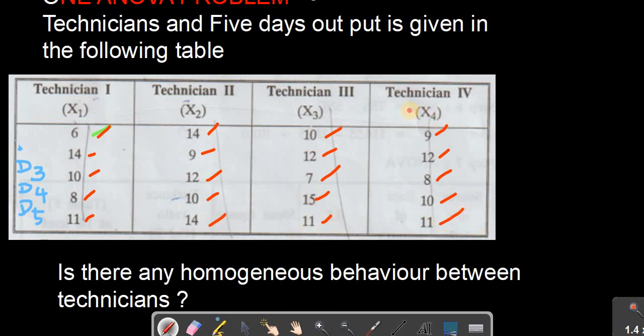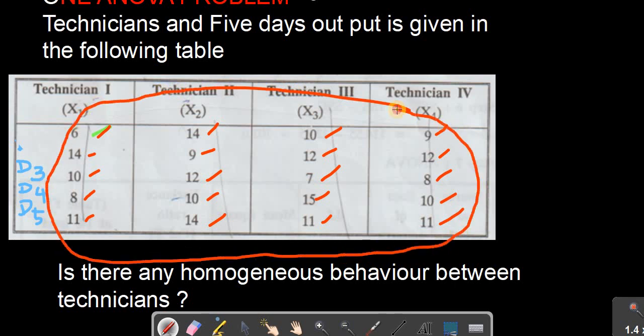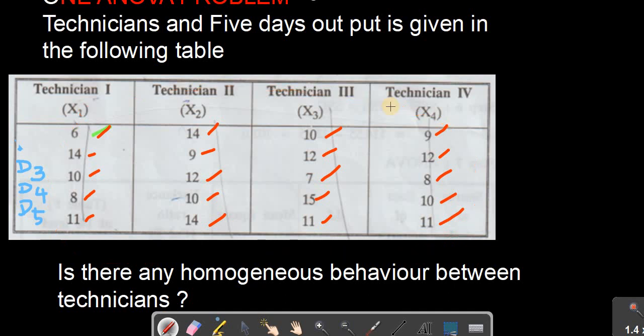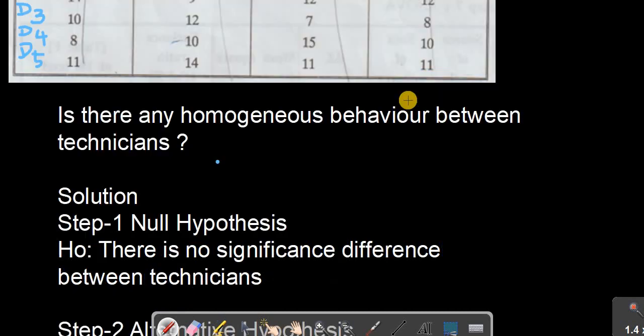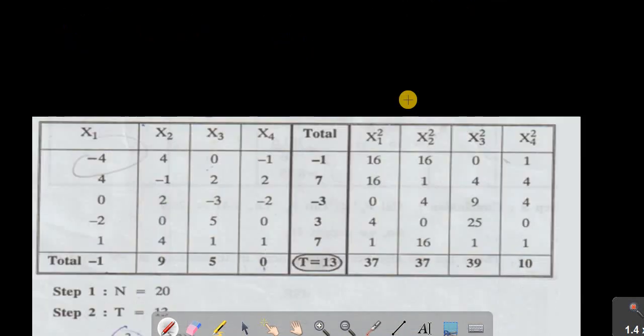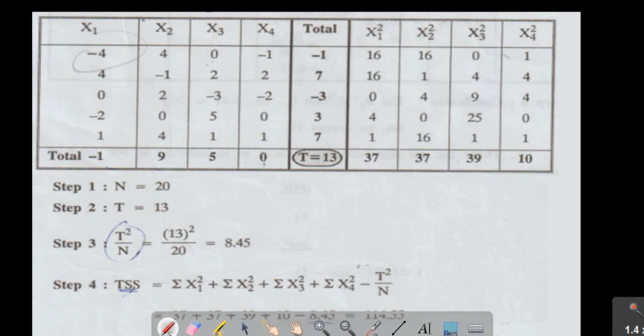So the total observations inside this particular box is capital N. Okay, so now let me come back to the answer side, and here is what we had, the capital N comes like that.